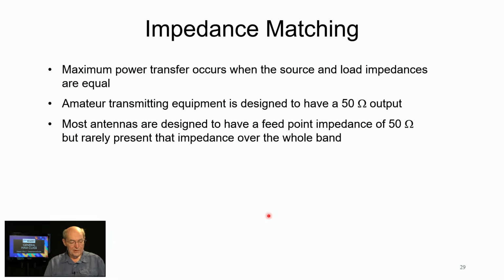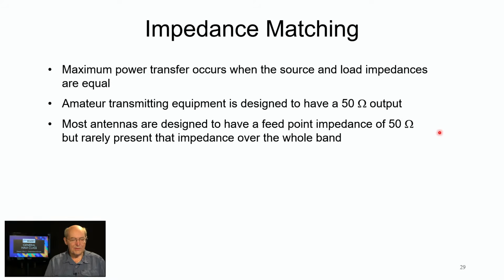Amateur transmitting equipment is designed to have a 50 ohm output. So your transmitter, if you've got a transceiver, its output impedance is designed to be 50 ohms typically. Most antennas are designed to have a feed point impedance of 50 ohms, but rarely present that impedance over the whole band, especially 80 meters and 10 meters because the band is so wide.